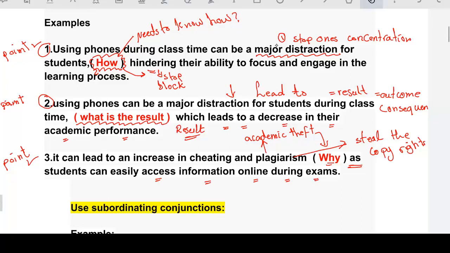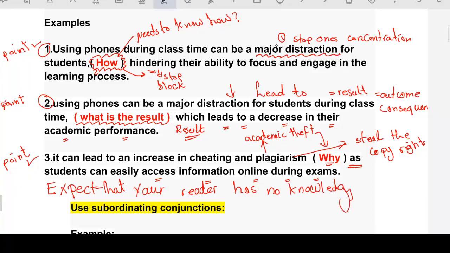A very good point here is to always expect that your reader has no knowledge about the topic, or knows nothing. For this reason, I should explain every point I write. Okay, that's great.